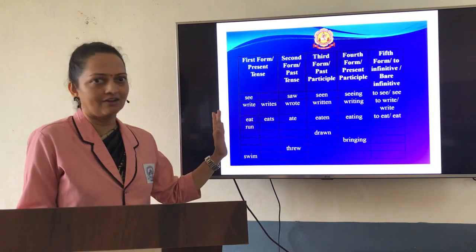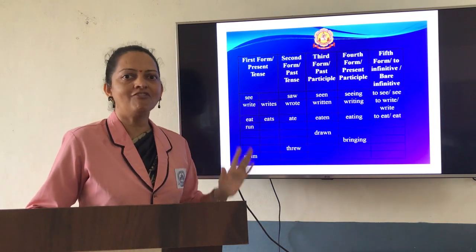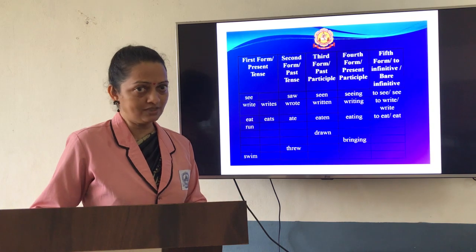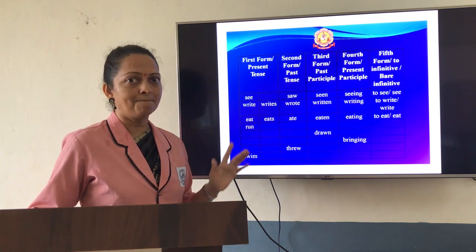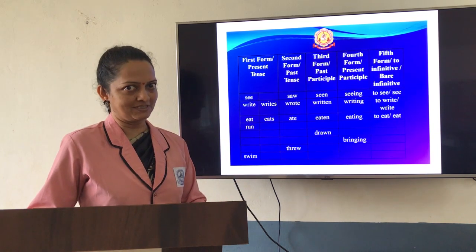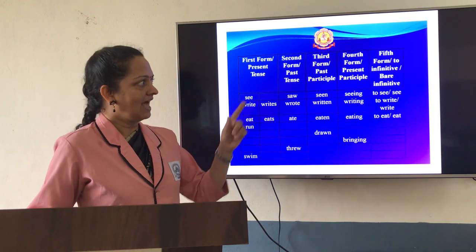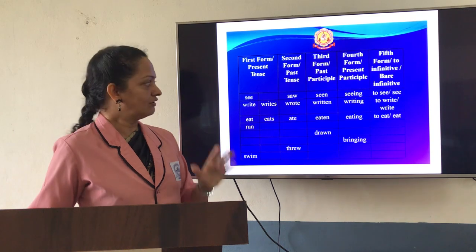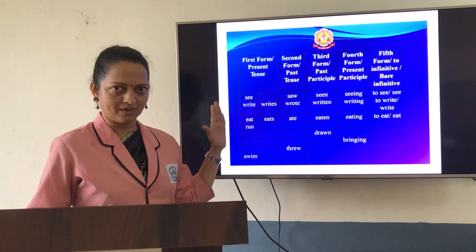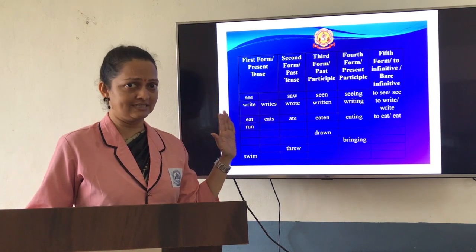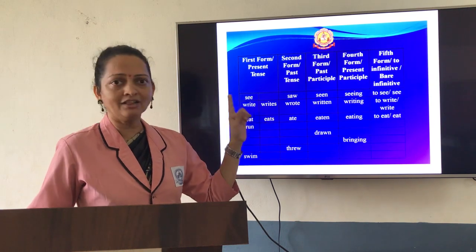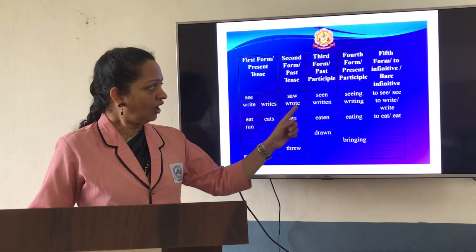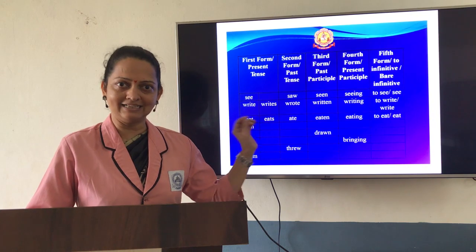Okay, so here we have just revised the 5 verb forms, which are present tense, past tense, past participle, present participle, and the last one is to infinitive or bare infinitive. Of course, we are going to see about this in detail, but the third one and the fourth one cannot be used as it is.